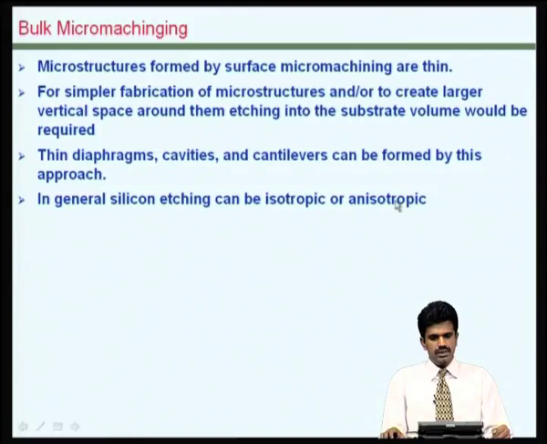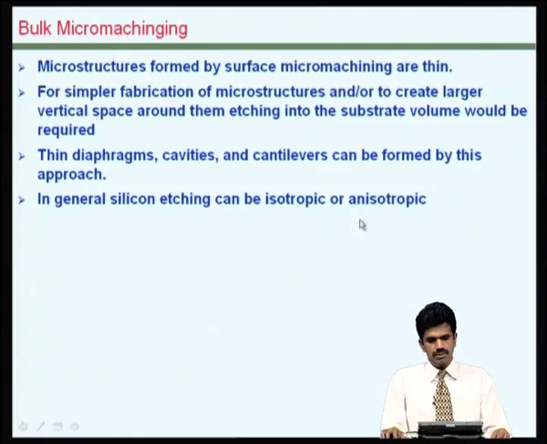The silicon etching can be isotropic or anisotropic based on the type of reagents used. Isotropic, as the name indicates, would etch through all directions of silicon irrespective of its crystallinity.